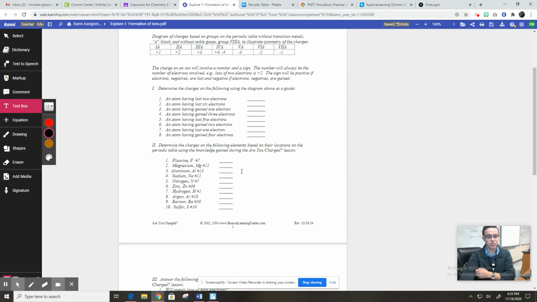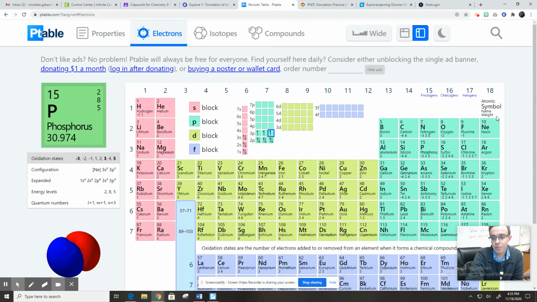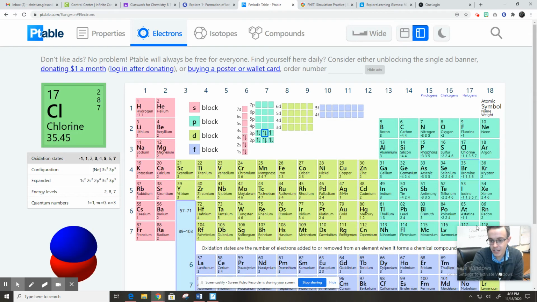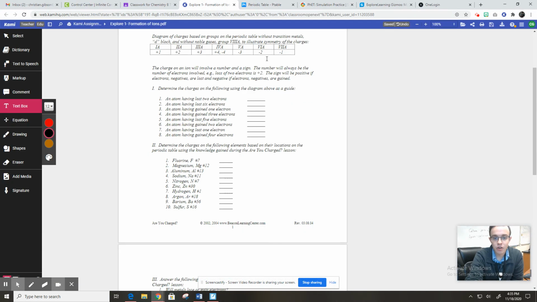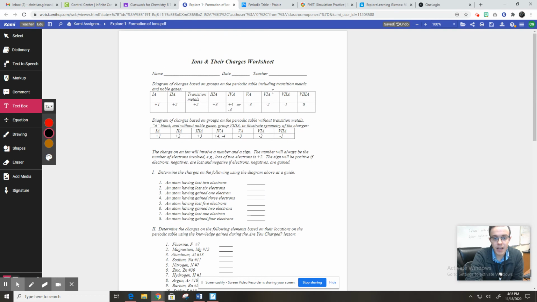And then down here it says, determine the charges of the following elements based on their locations on the periodic table, using the knowledge gained during this lesson. So fluorine, find it on the periodic table. It's right here, in group 7A. And you saw over here that group 7A all have a -1 charge.